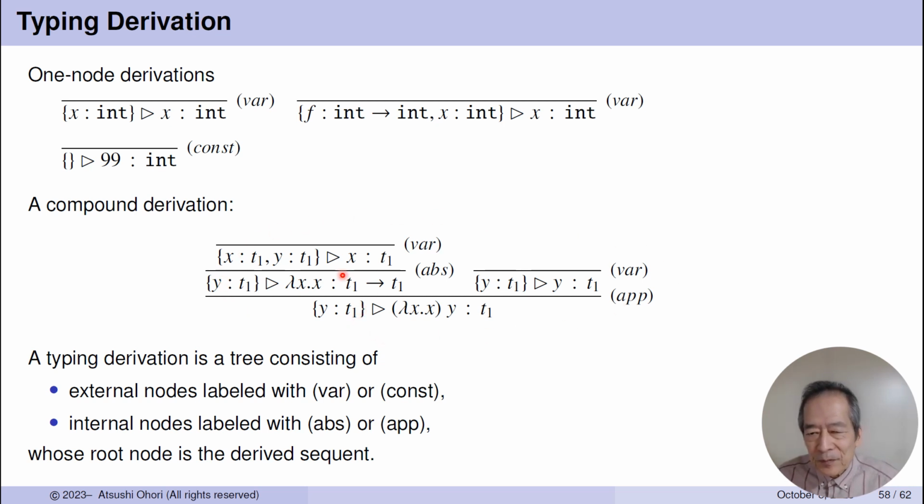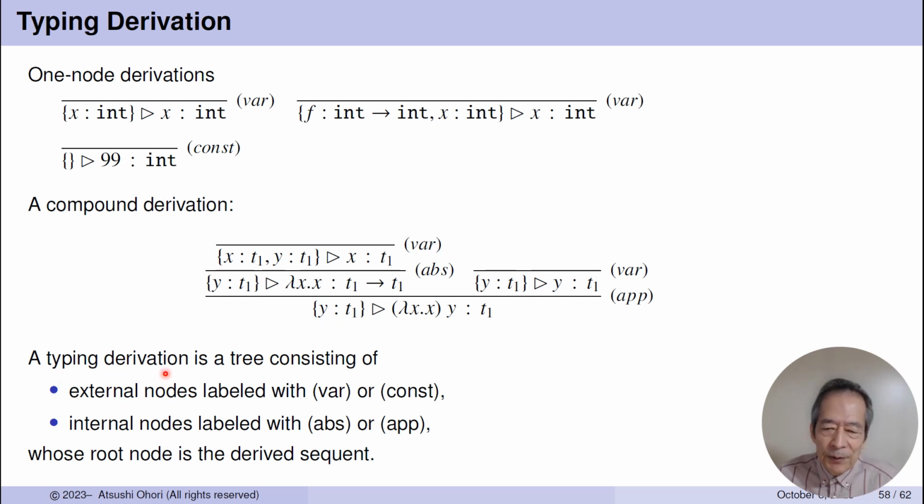So this is a concrete example of a complete typing derivation, right? You start with this var axiom and then apply this abs inference rule to get a two-node typing derivation of this typing. And also, this is a one-node typing derivation, and this tree and this tree are combined by the rule app to obtain this typing derivation.